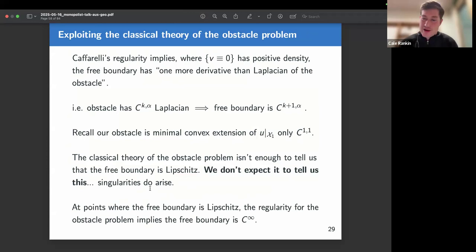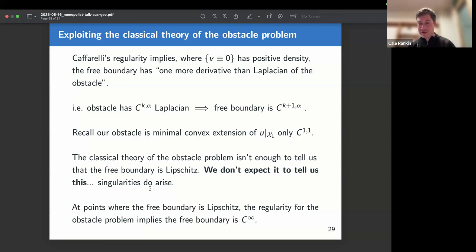So this sounds great. We've got an obstacle problem. Can we just apply the classical regularity theory for the obstacle problem? The answer is a priori no. The classical regularity says the free boundary has one more derivative than the Laplacian of the obstacle. But because our obstacle is a priori C^{1,1}, i.e. its Laplacian is merely a measurable function, we can't apply the classical regularity, and that's okay because we expect singularities at the free boundary.